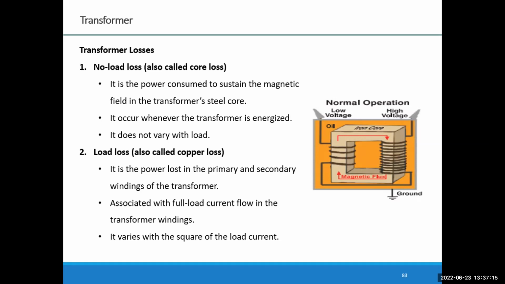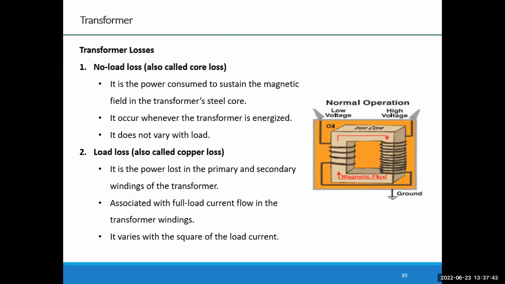In that case we use a cyclo transformer, and the voltage also changes. For that we use dry type transformers to change the frequency as well as the voltage. Such transformers change the power to our requirement, but at the cost of some energy loss.